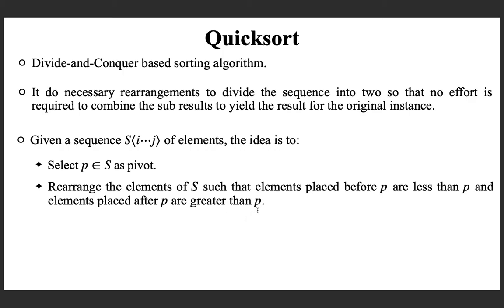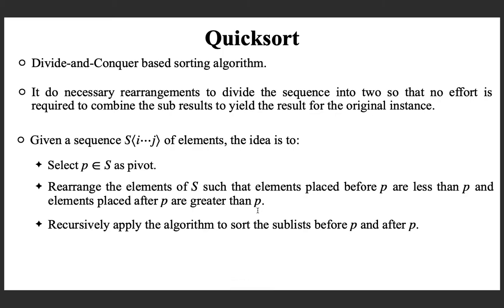This is what we discussed in the previous lecture as pivoting. Once you do pivoting for a selected pivot, in the middle you have p, maybe with many occurrences, but all the elements before p are less than p and all the elements after p are greater than p. So you can sort them separately, no need to merge.